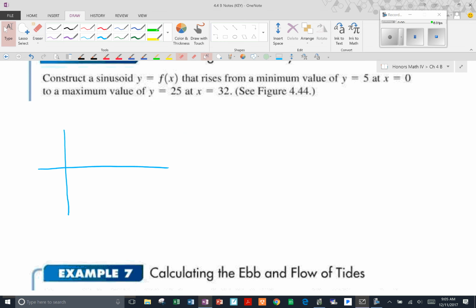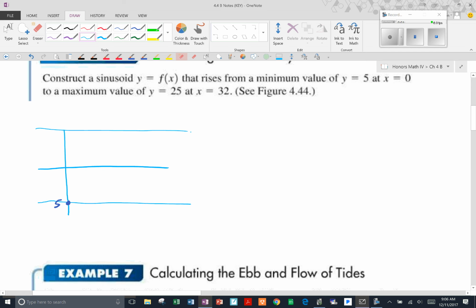We know that this has a minimum value of 5 at x equals 0. So actually this one we can say is the y-axis. That's 5. So that is not the x-axis that you see up in the middle there. I'm just going to draw a light line through this guy too and a light line up here where the maximum is.